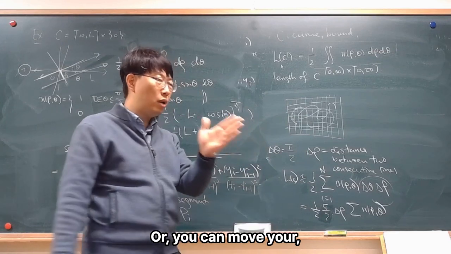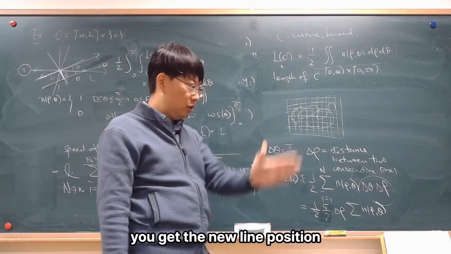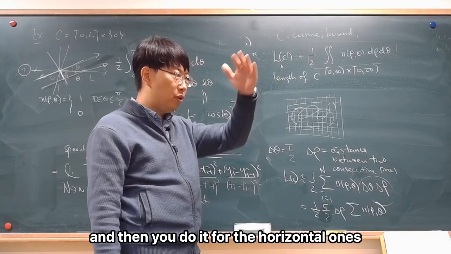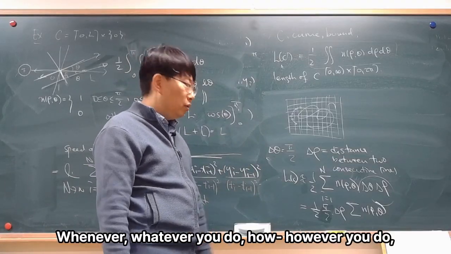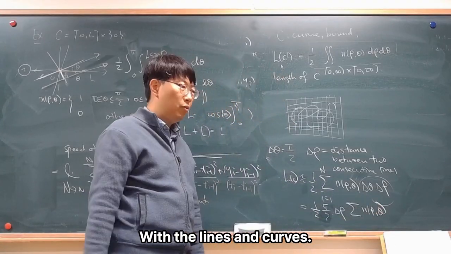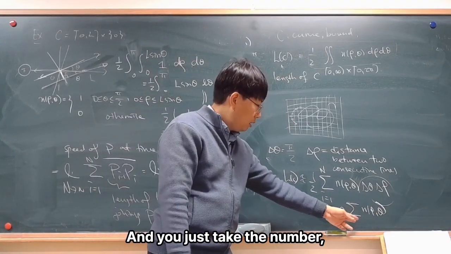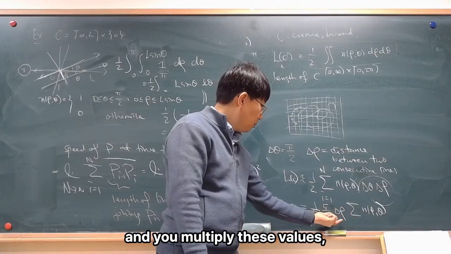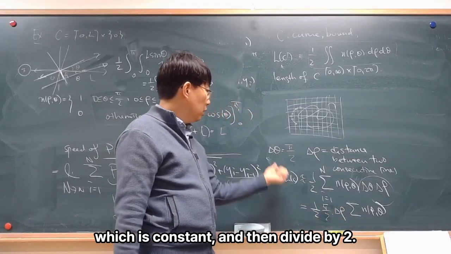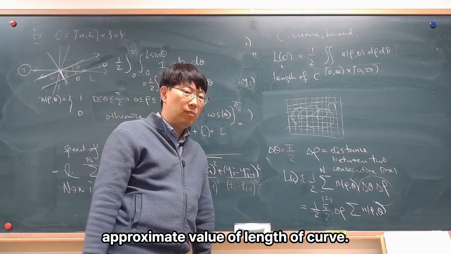Or you can move your lines, and whenever you move the line, you get a new line position, and then you count the number of intersections, and you do it for the horizontal ones and so on. However you do it, you just count the number of intersections between the lines and the curve. This is an integer, and you multiply by these constant values and then divide by 2, and you get the approximate value of the length of the curve.